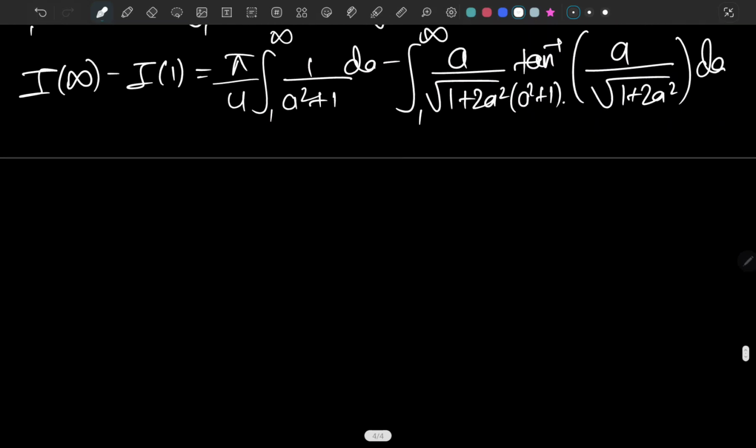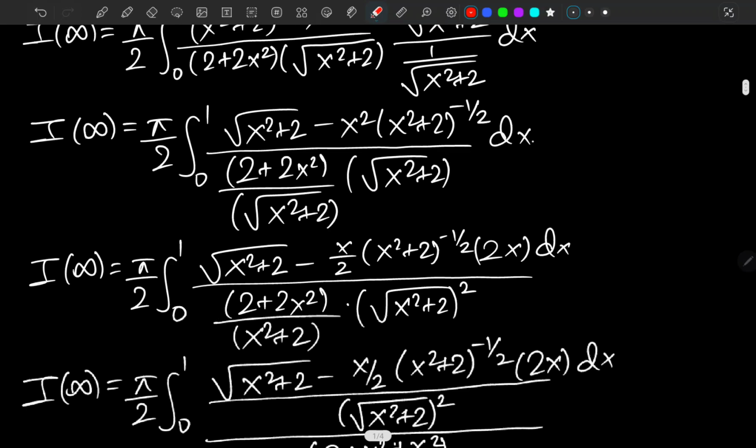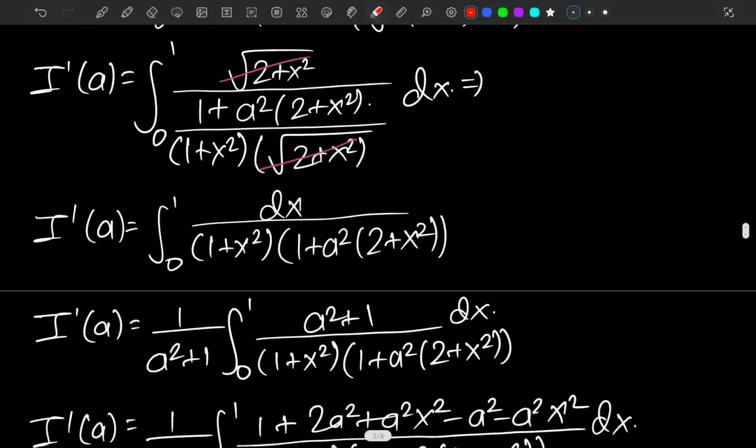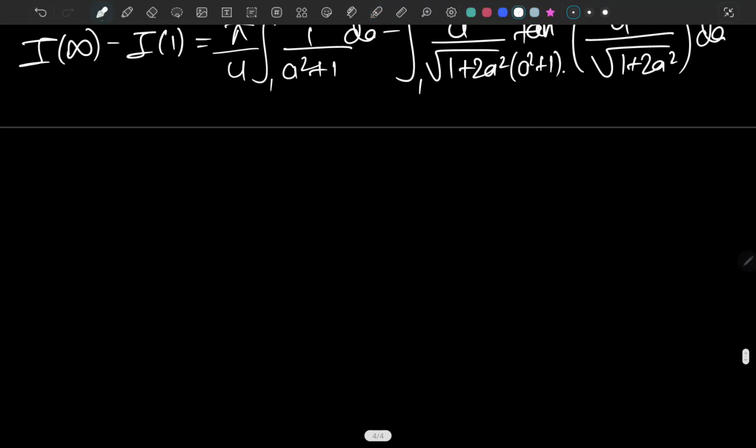So from our parameterization, I of 1 was when you plug 1 over here. Let's not disturb I of 1, because that's just going to mess up our stuff, and don't disturb I of infinity either. Let's just work with this till the very end.